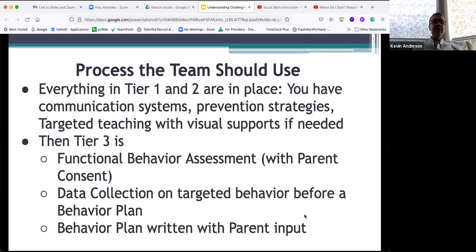When we talk about developing those types of individualized supports, we really need to be looking at the data that needs to be collected. How do we know what behaviors this individualized plan is addressing? We want to have a good description of the targeted behavior that the plan is going to focus on. We also want to have some data about that behavior.